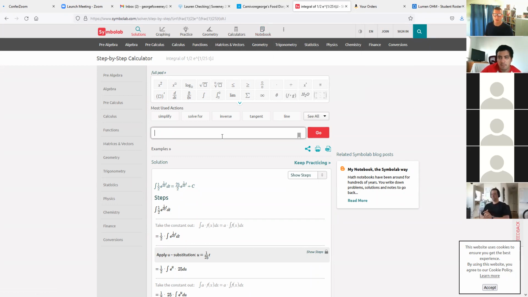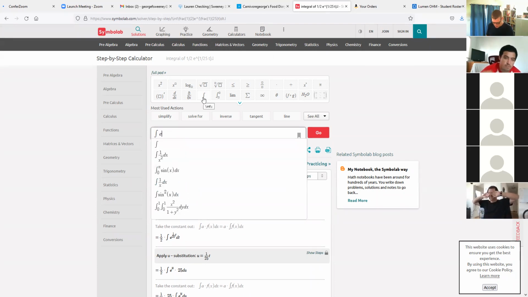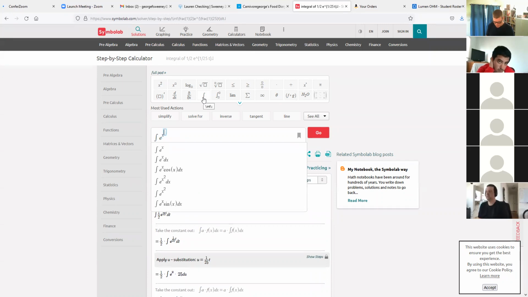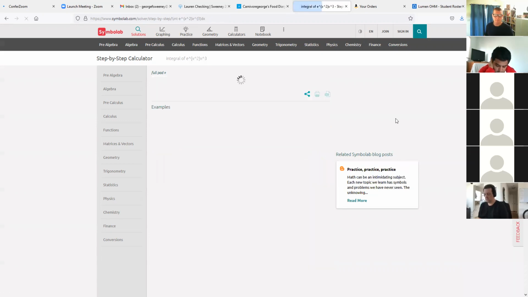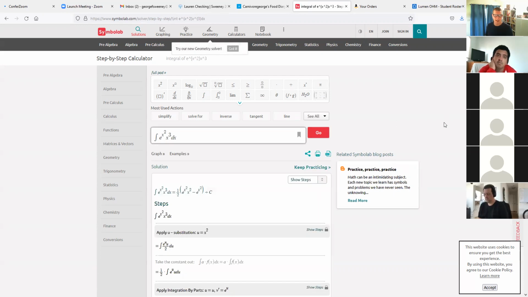Cool. Great. So now I'm just going to go in. I want the integral of e to the x squared times x cubed dx. And there we go. I should have known that.